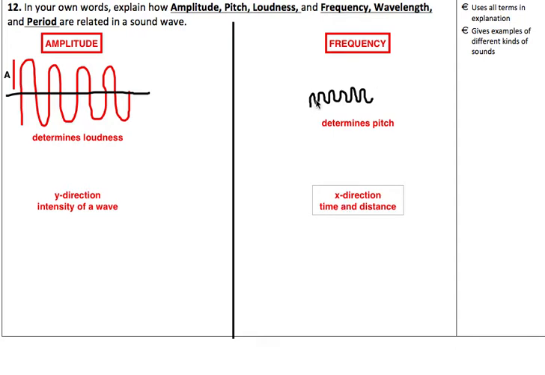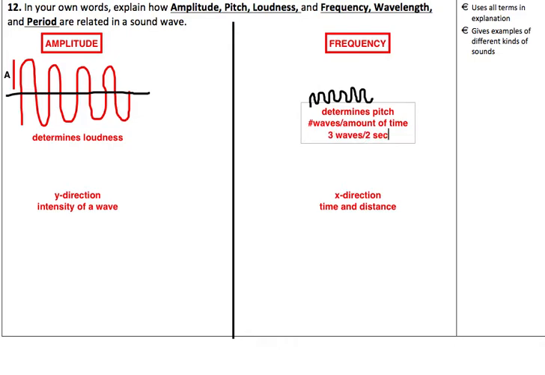Frequency, I've drawn a low amplitude or a small amplitude wave with a high frequency. So this means that there would be a lot of waves passing you per second. Frequency always has to have a number of waves per amount of time. Example, 3 waves every 2 seconds.